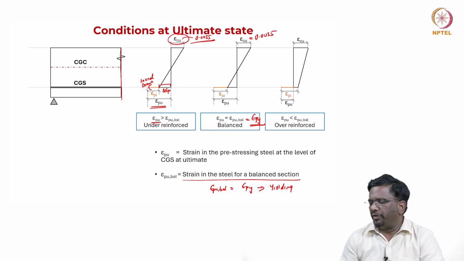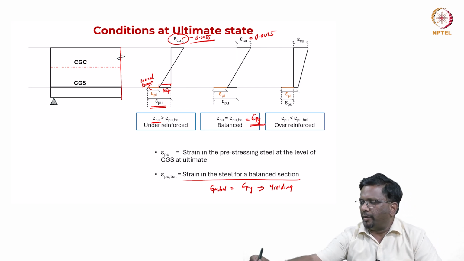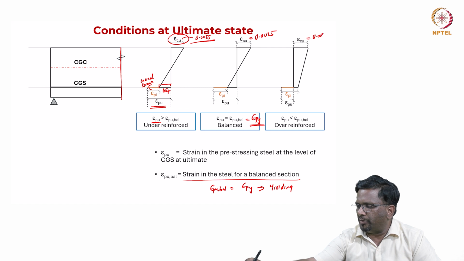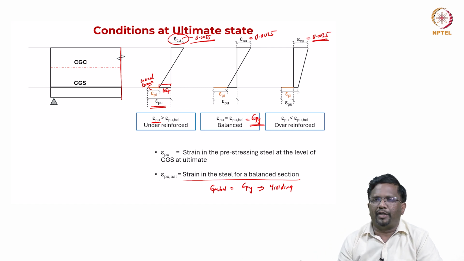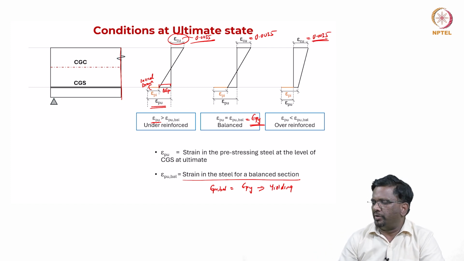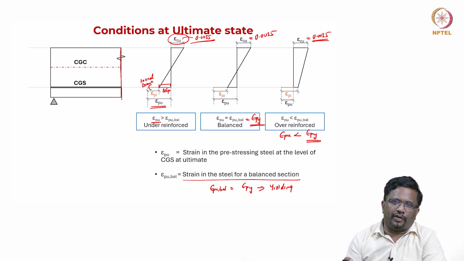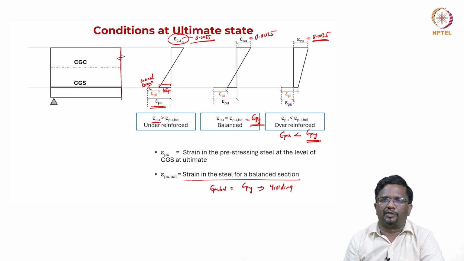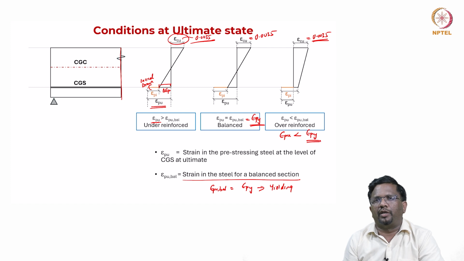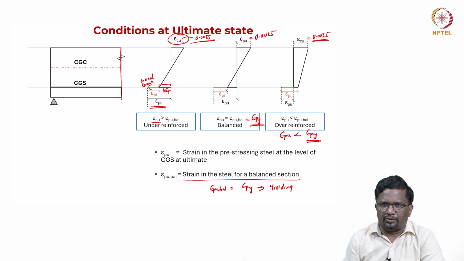In case of an over reinforced section, epsilon cu will reach 0.0035, that means it will fail in concrete compression, but the steel would not have reached yield, or epsilon pu will be less than epsilon py. Now, what is the yield strain that we have defined in the previous material models? It depends upon what kind of constitutive model you are using.